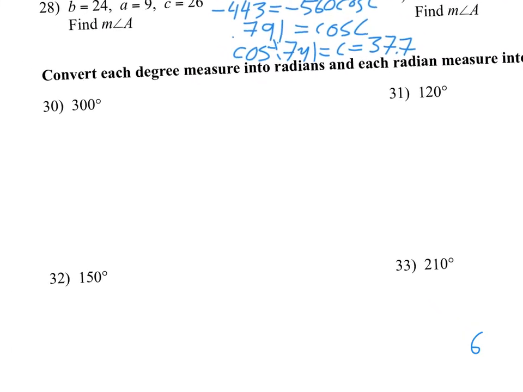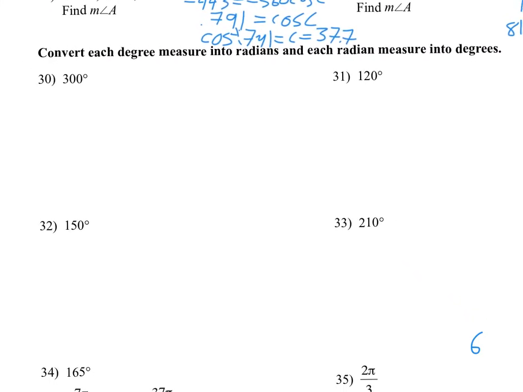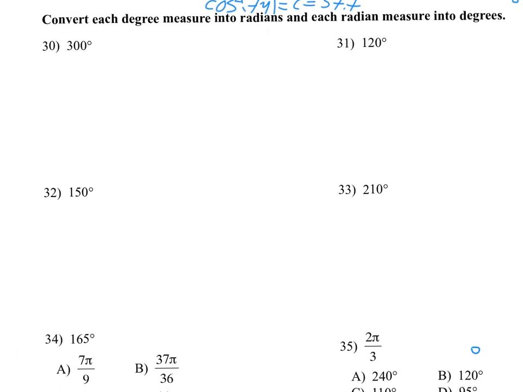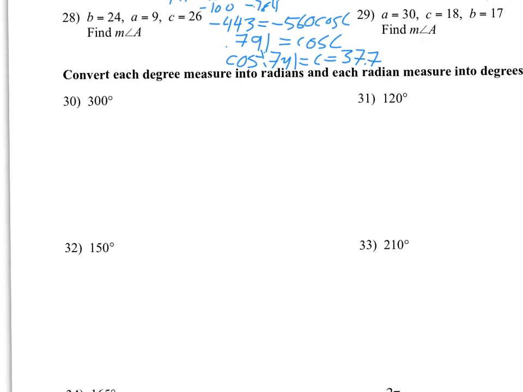Convert each degree into radians and each radians into degrees. Ooh, the 6 is going to hang around, I guess. Okay. Let me erase that so it doesn't bother me anymore. So to go from degrees to radians, the shortcut we can do is times pi over 180. If you know you want radians, the pi has to be on top.